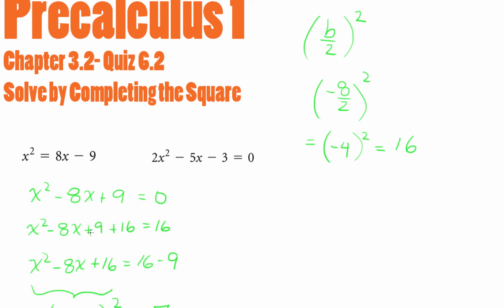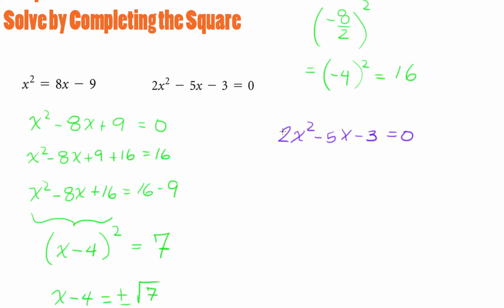Now for our next problem, 2x squared minus 5x minus 3. I'm going to use a different color. So you get 2x squared minus 5x minus 3 equal to 0. Now, the only difference here is the 2, right? We didn't have a number in front of x squared, and that's going to be a very important role.